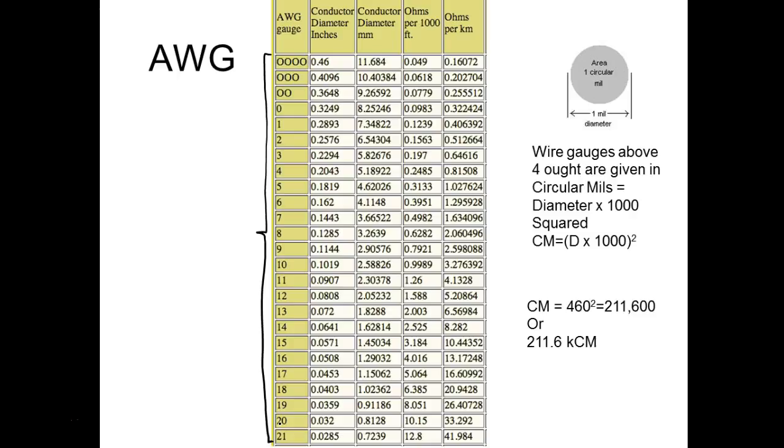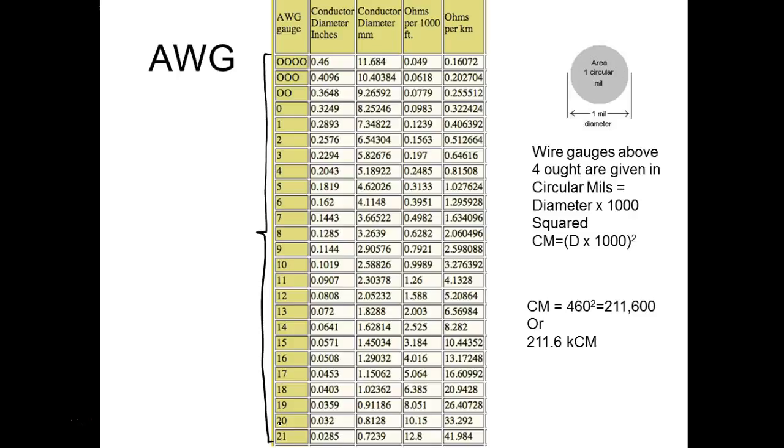So we still call it the American wire gauge, but they also look for the millimeter. Now what they do is they assign a number to a diameter. So a 20 gauge wire would have a diameter of 32 millimeters. And that would be the diameter of the wire.